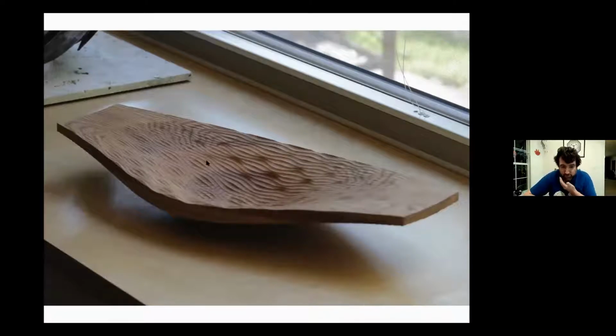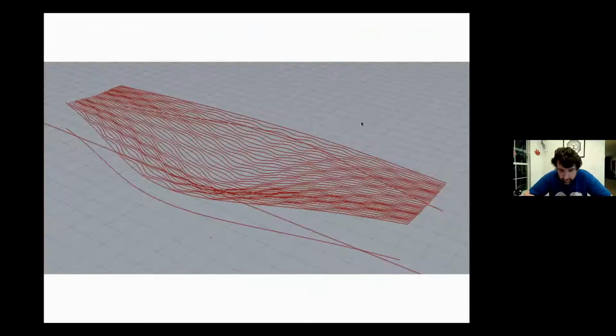I just drew these curves that the machine would make. And here are those curves. These are the curves that I drew. And then I just put these curves into the machine and told it to move along each of these curves.